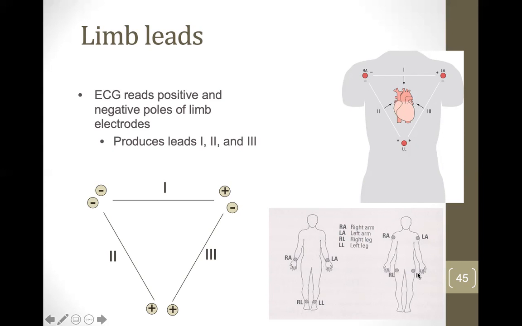This is where we often put them because of artifact that can happen when you are moving the appendages at all, so they try to put them on the core of the body. But actually, to get the best picture of the heart, we can put them on the extremities. We just have to make sure that the person is sitting or lying really still, so that any movement of the arms or legs isn't what we're reading.